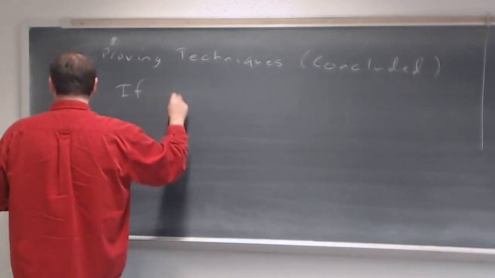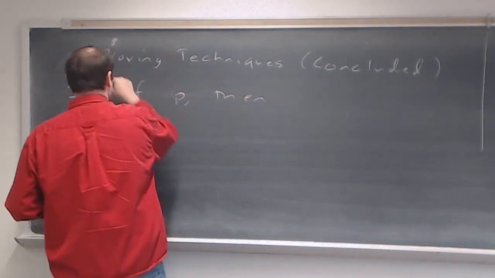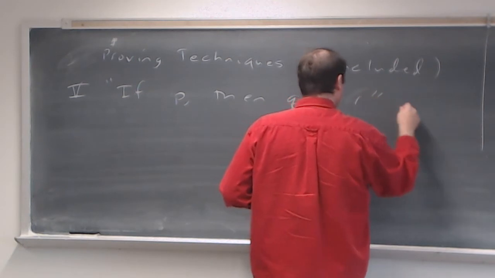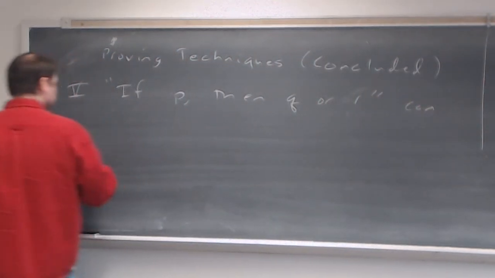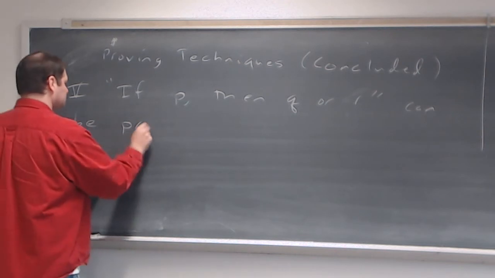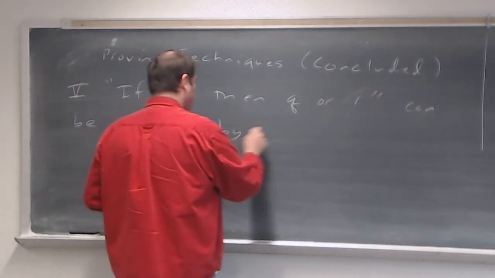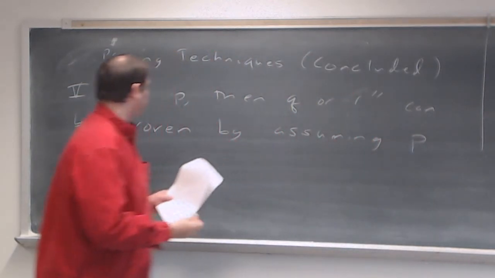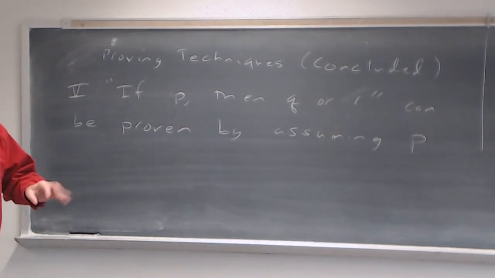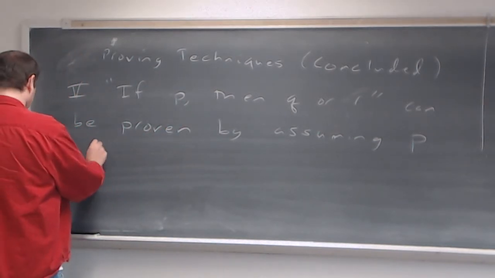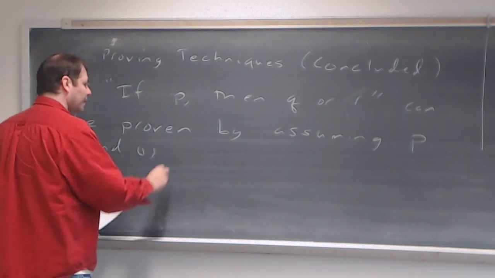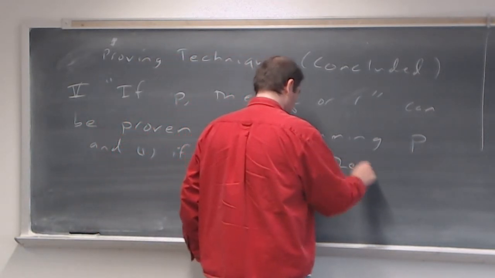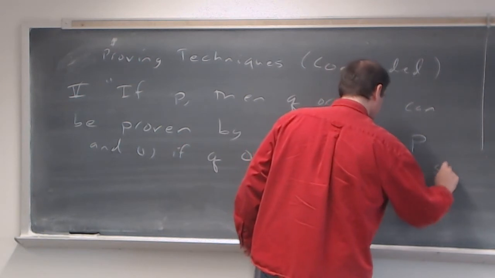It says if P, then Q or R, this is the type of statement that I'm worried about proving, can be proven by assuming P. So it puts us in position of when the statement would apply. And then we have two steps here. If Q occurs, then the statement is true. So just noting that.